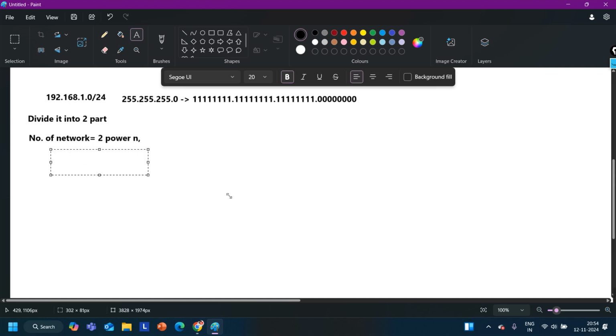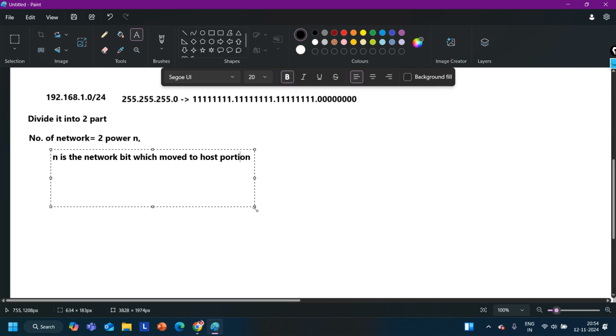So here we can say n is the network bit which moved to the host bit or host portion, right?